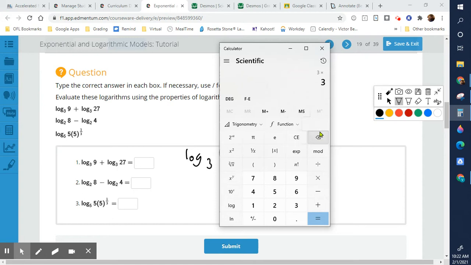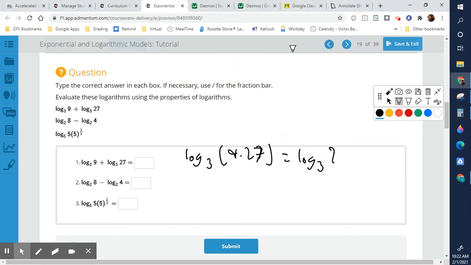Clear that out. Here, 9 times 27. So we get 243. Okay, so we got 243. So now I'm going to figure this out in a calculator.